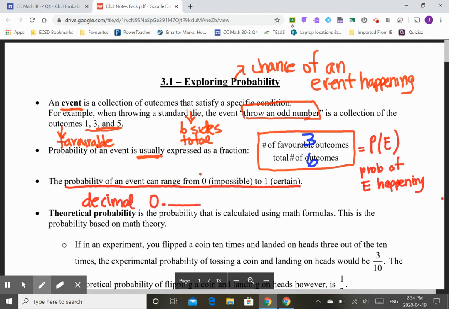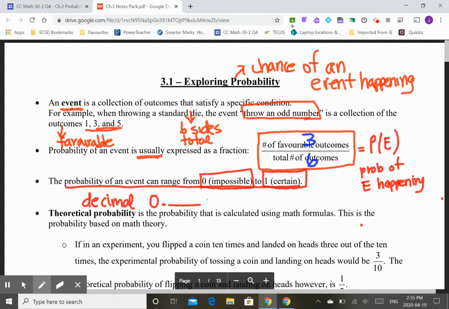Now, if we got the probability to be 0 exactly, which is rarely going to happen, what that means is that the event you are finding the probability of will not happen. That event is impossible. If you calculated a probability and you got exactly 1, what that means is that event is certain. It is going to happen. Now, that's rarely going to happen in this chapter. It's going to be somewhere in between, 0 point something.